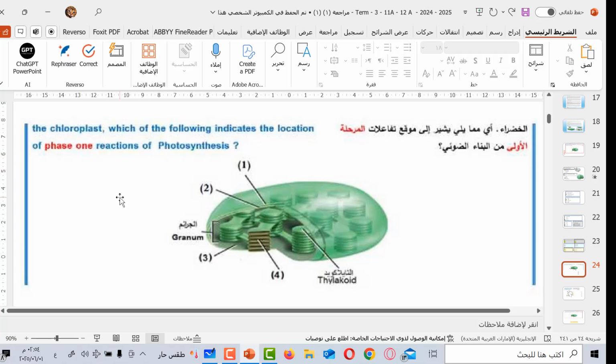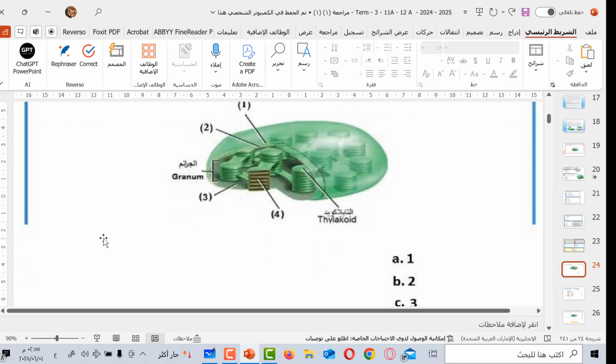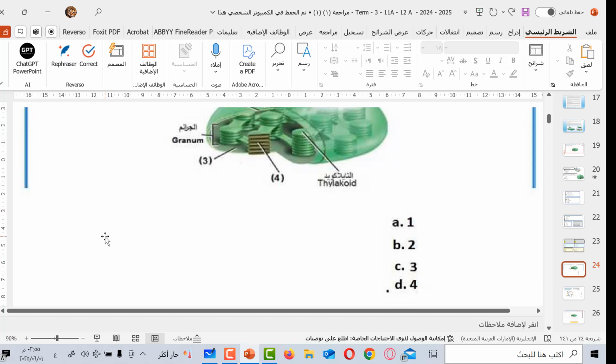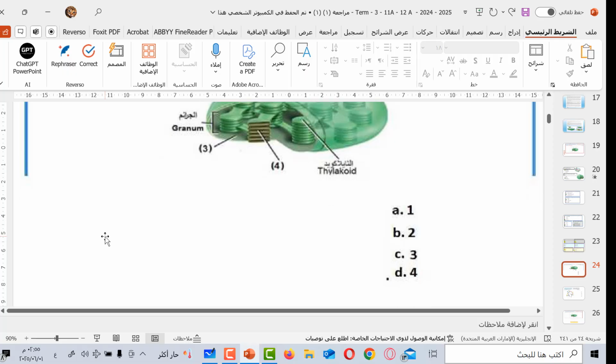In the thylakoid, because it's the membrane of the thylakoids, and it will gain the energy from the sun. So number 4 is the true choice.